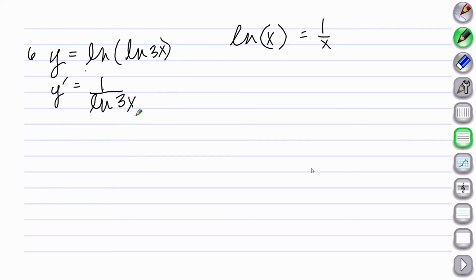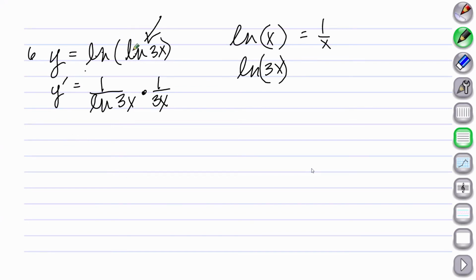So it's that. Then I've got to do the chain rule. The derivative of ln 3x would be 1 over 3x. I took the derivative of this part, ln of the parentheses.